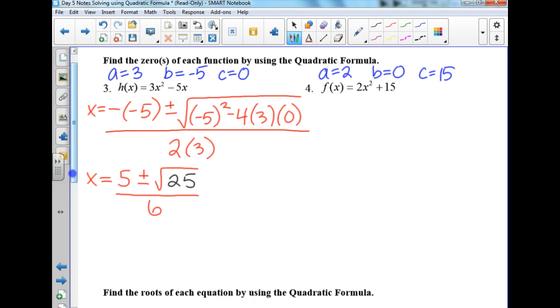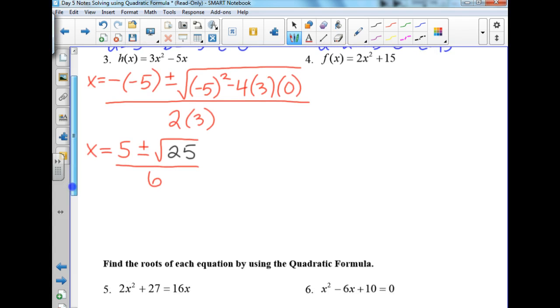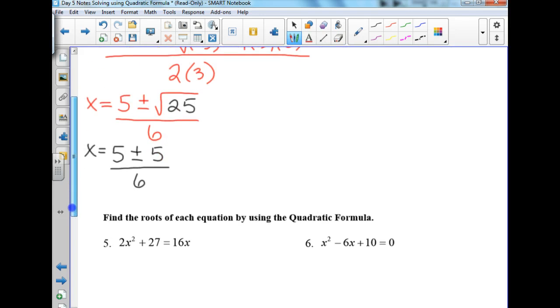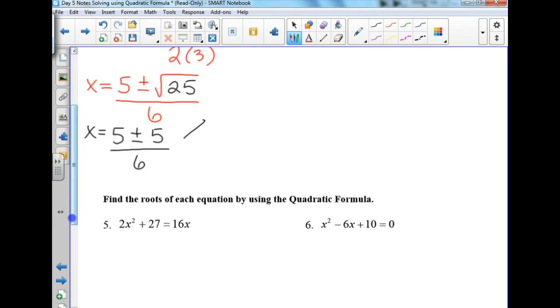Because this is a perfect square, we're going to split it up. So first we'll write the perfect square out. So 5 plus or minus 5 divided by 6. One of our answers has the plus on top, 5 plus 5 divided by 6.